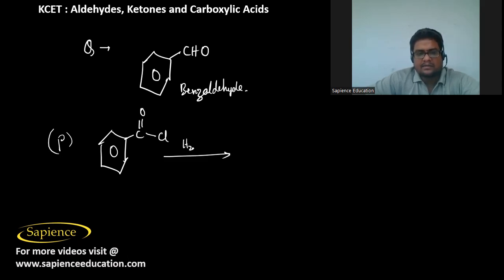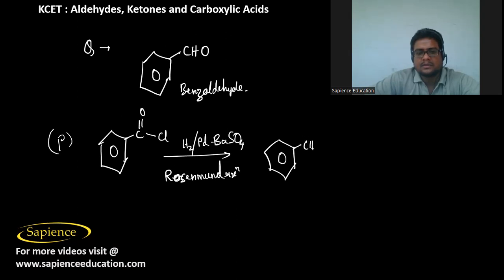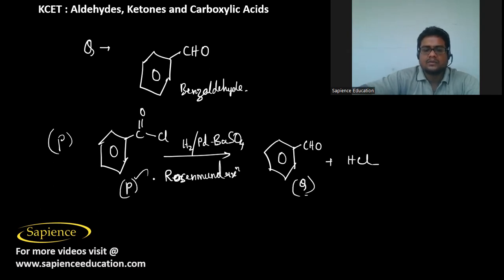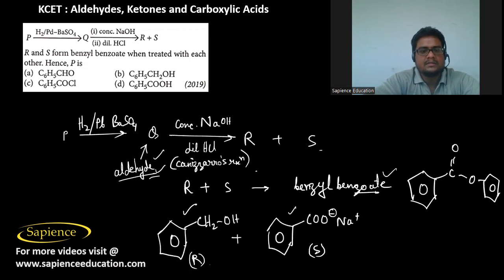When it is reacted with H2/Pd in the presence of barium sulfate, it is called the Rosenmund reaction, and it will form benzaldehyde and HCl. So it is the product Q, and this is the reactant P. So the reactant P is C6H5COCl. So option C is the correct answer.